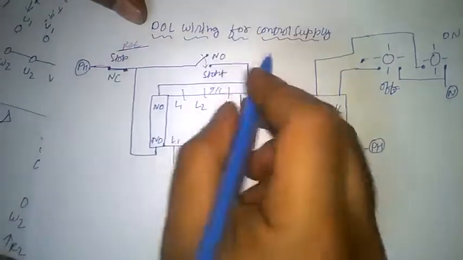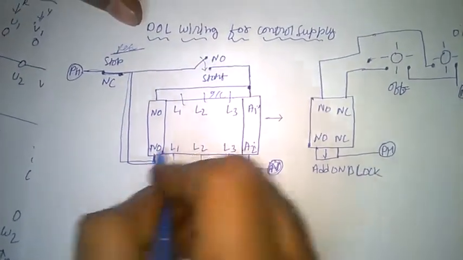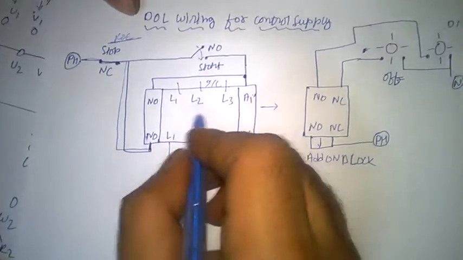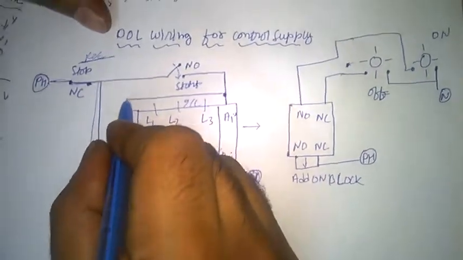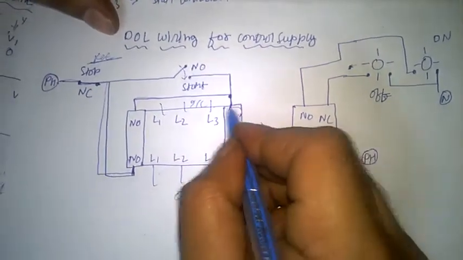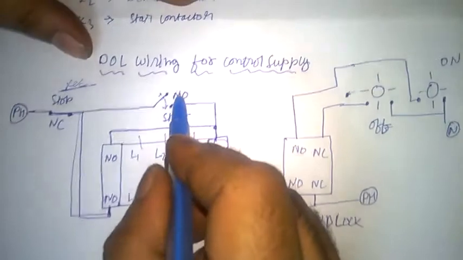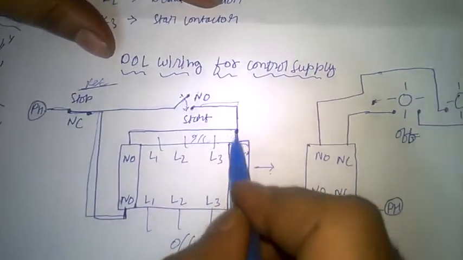We control the phase here. It's a stop button, a red colored button, which is an NC contact. From the stop button, it goes to the NO contact of the contactor, and the other point of the NO contact goes to the A1 point of the contactor, and the same wire goes to the start button, which is a NO contact, and it goes to A1 too.